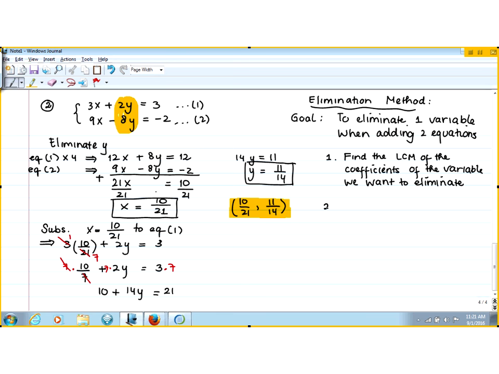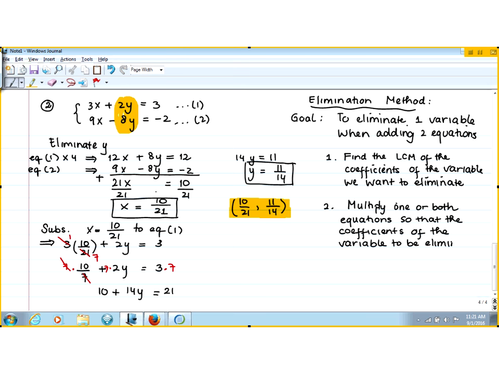So after you find the least common multiple, then what do you do? Multiply one or both equations so that the coefficient of the variable to be eliminated is the LCM and its opposite.